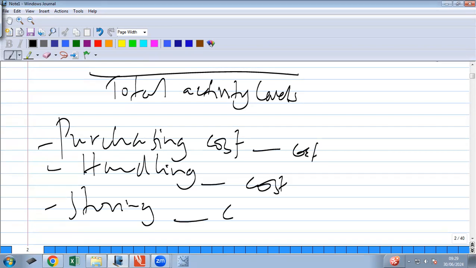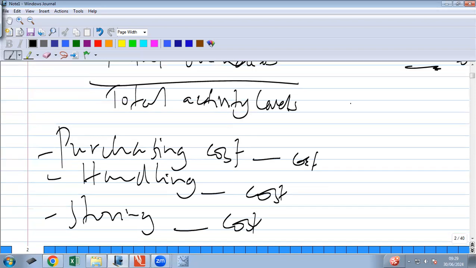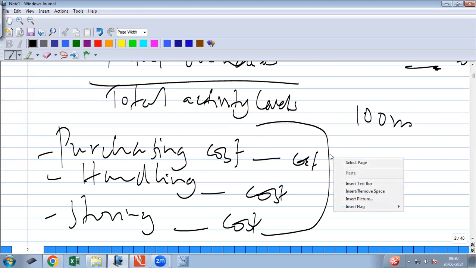All these attract costs. So what we do is you get your total overhead cost, say maybe 100 million, and we divide by these activities. How many are relating to the purchasing cost? How many are in handling or in storing?